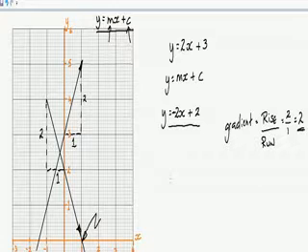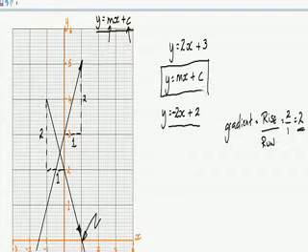So that's pretty much it. It really is a question of keeping it simple and not letting yourself get bamboozled by a lot of mathematical jargon that goes on. Always try and keep it simple. The key is y equals mx plus c, for any straight line.